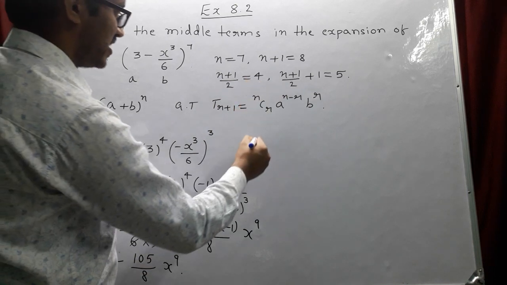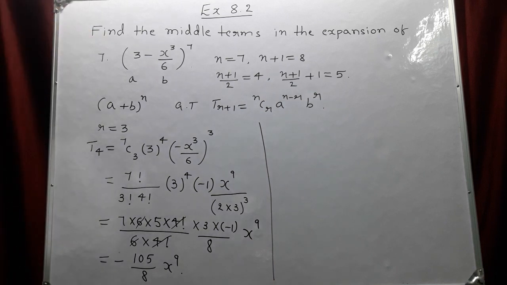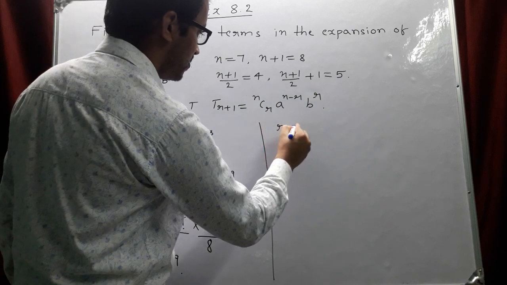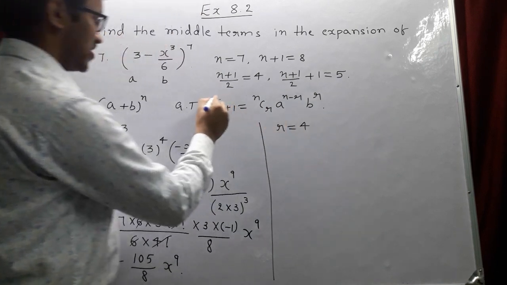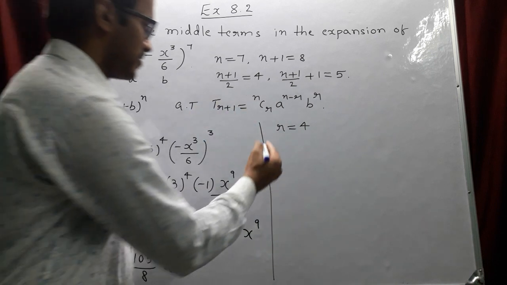Similarly, we have to find the fifth term, the one more middle term. For the fifth term, we take r is equal to 4. If you substitute r is equal to 4, we will get T5.